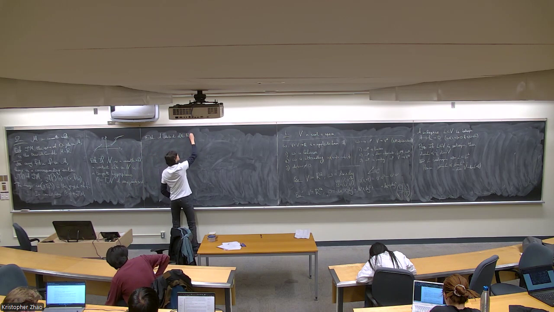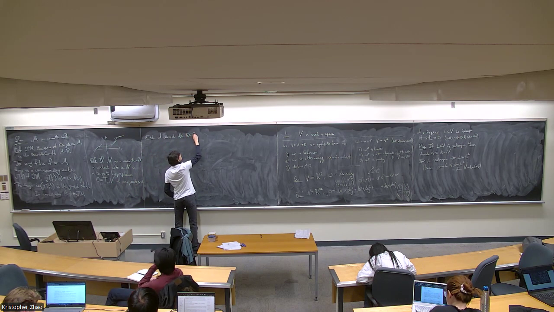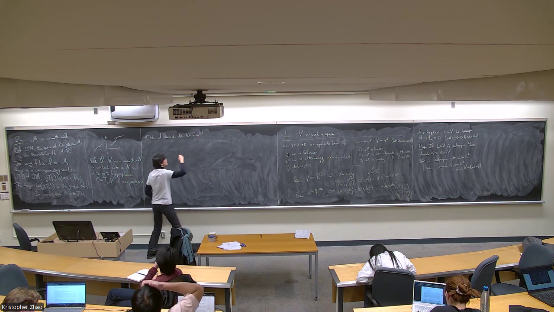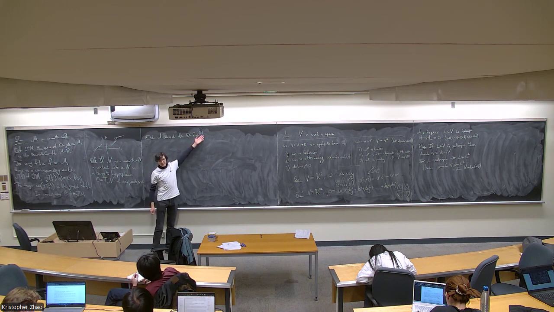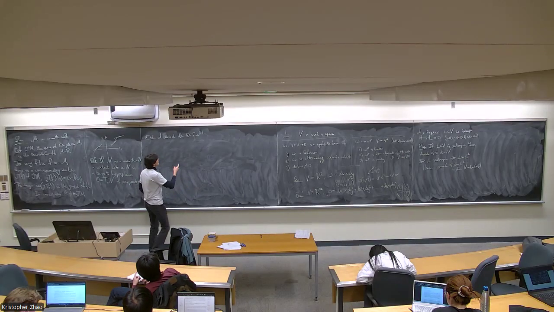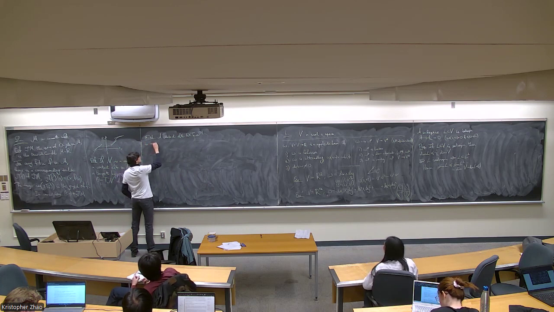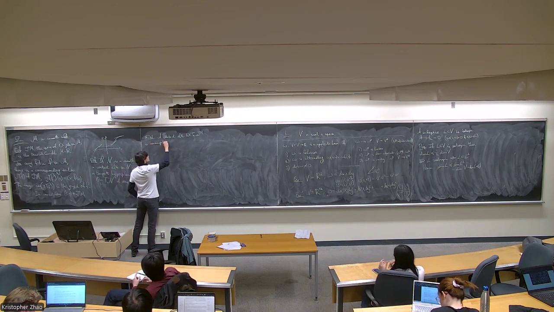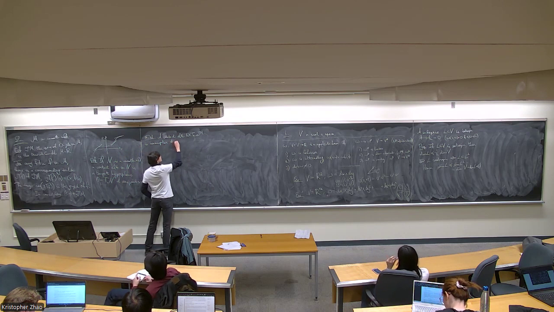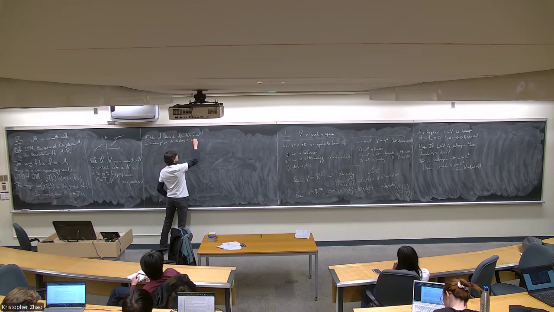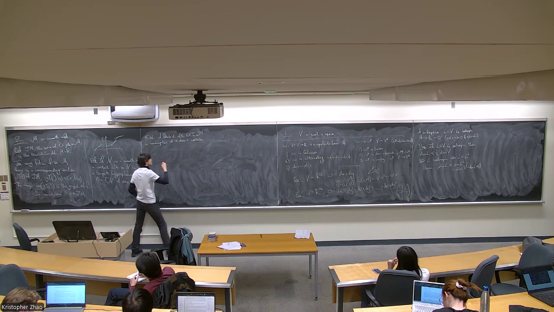A contact element theta in some tangent space to J0 of M. Now the points of J0M are indexed by two things: a point in M and a number. So it is called non-singular if it does not contain the vertical line.